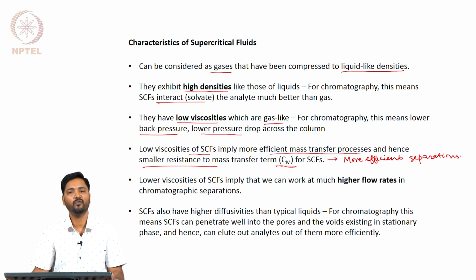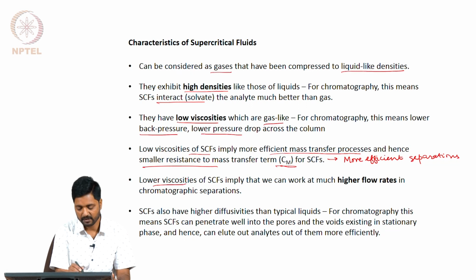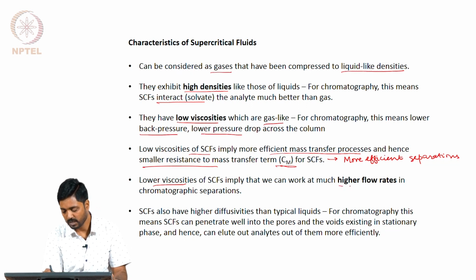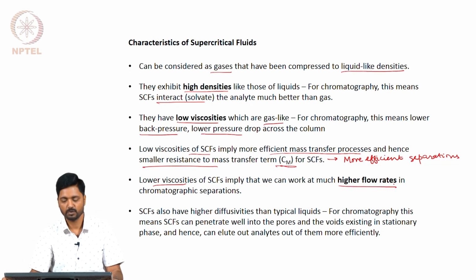And of course, because of the low viscosities of supercritical fluids, we can work at much higher flow rates. So, the solvent or the mobile phase can be passed through the column at much faster speeds, resulting in faster separations in the chromatography.